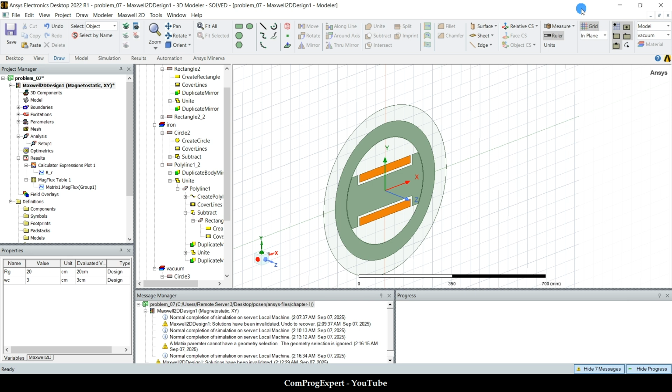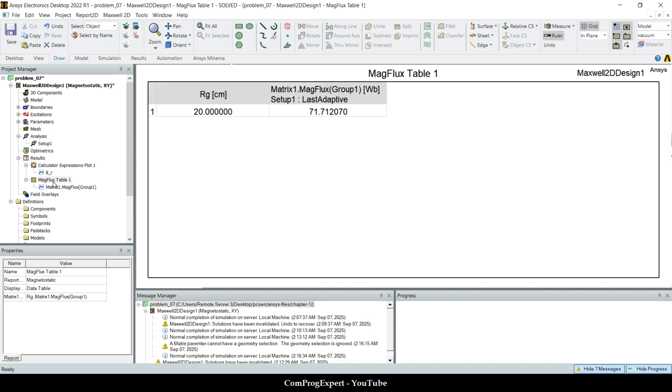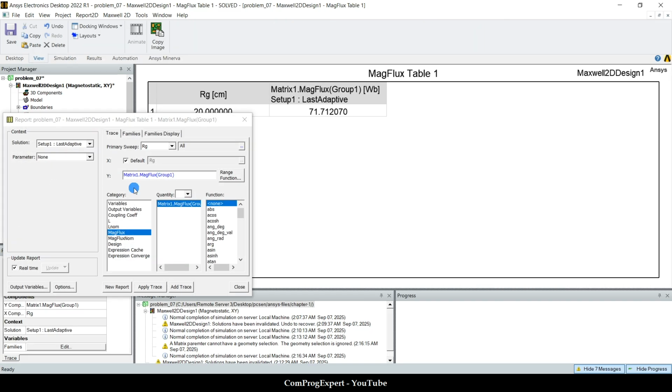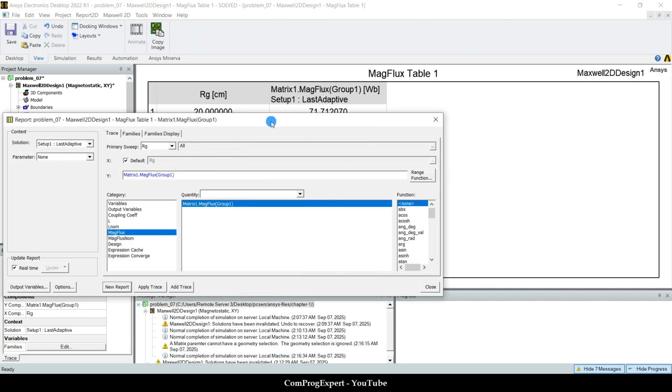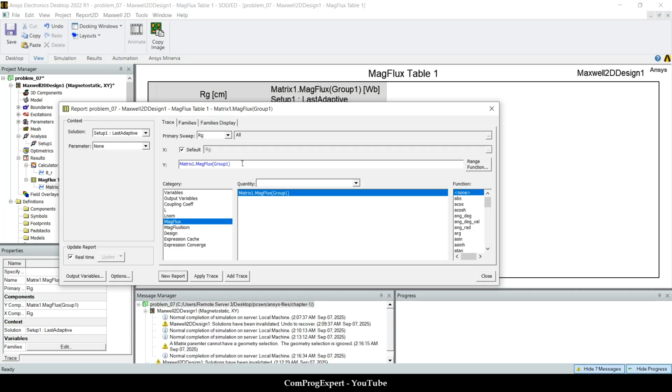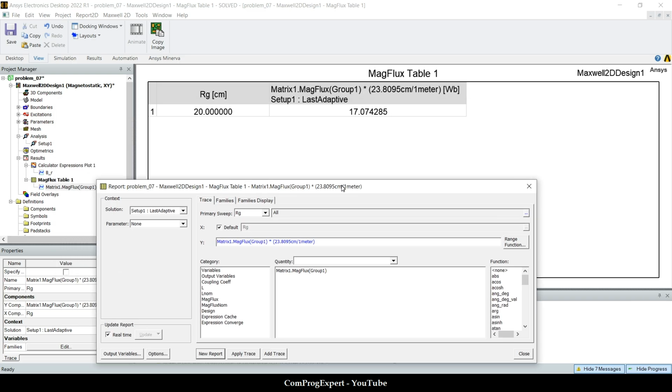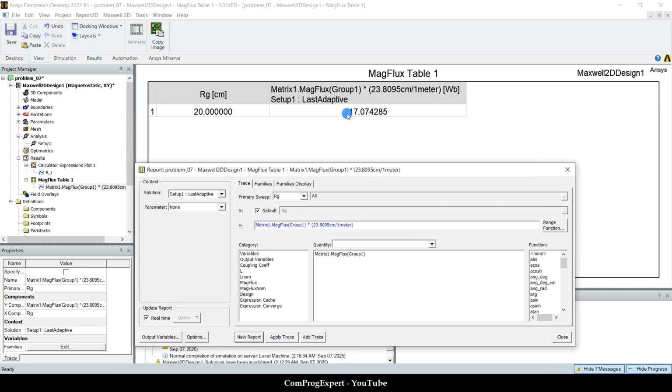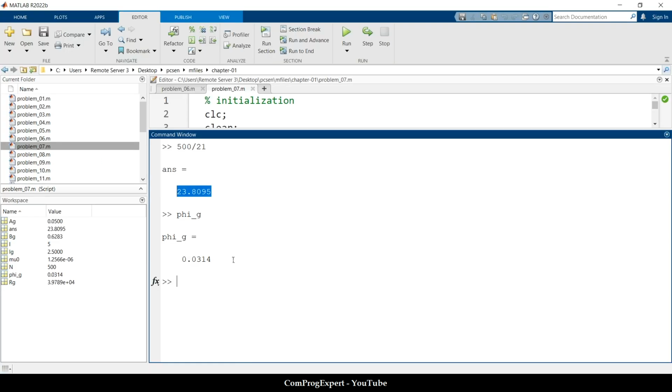So the value of the flux varies linearly when we change the depth. The correct depth in our case is equal to this one. So I can copy this, multiply this by this centimeter divided by 1 meter. Apply trace. Here you can see the total flux linkage.